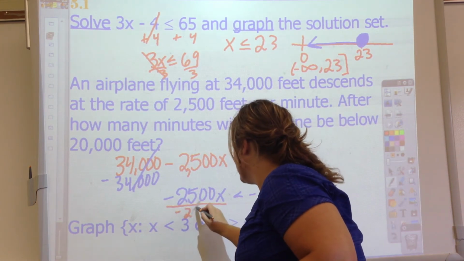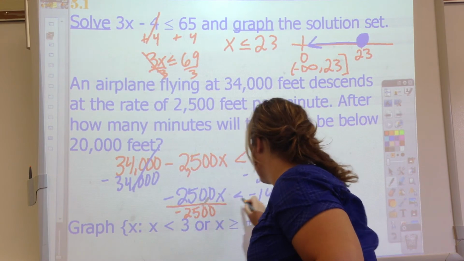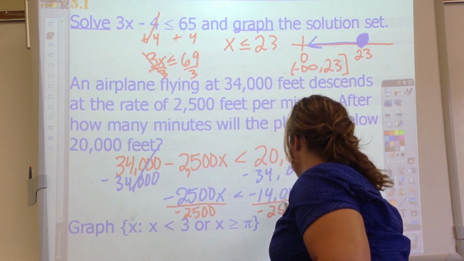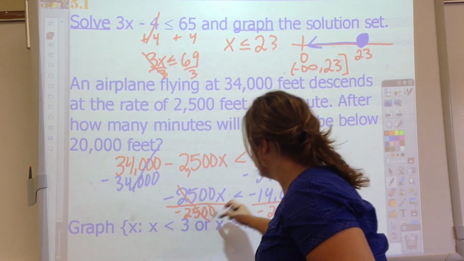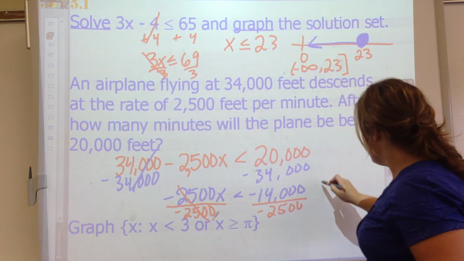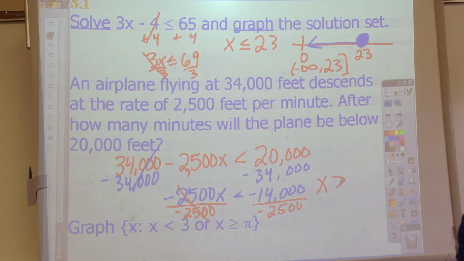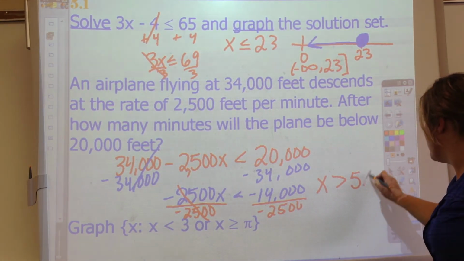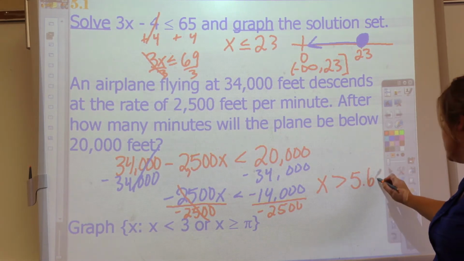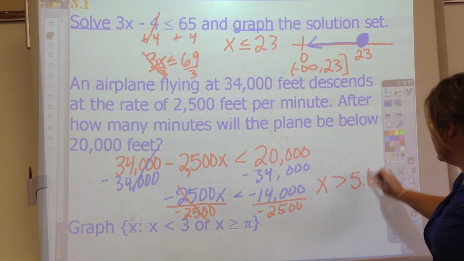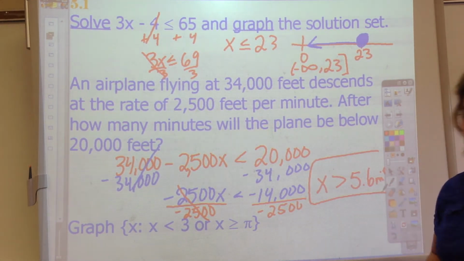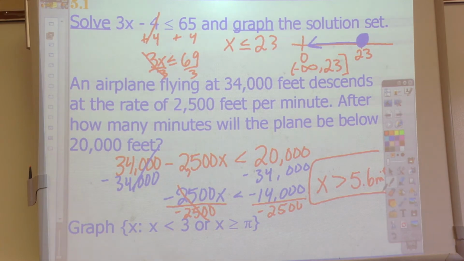When I divide both sides by a negative 2,500, this inequality is going to switch. Now I have x is greater than, a negative divided by a negative becomes a positive, and I have 5.6 minutes. That means that after 5.6 minutes, my plane will be below 20,000 feet.